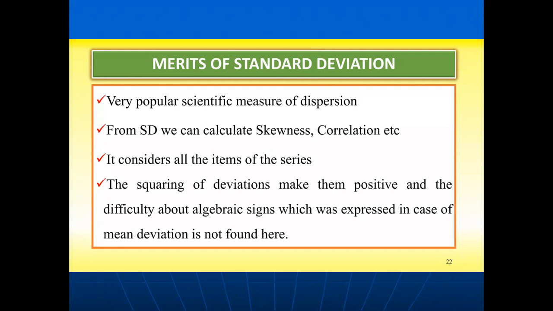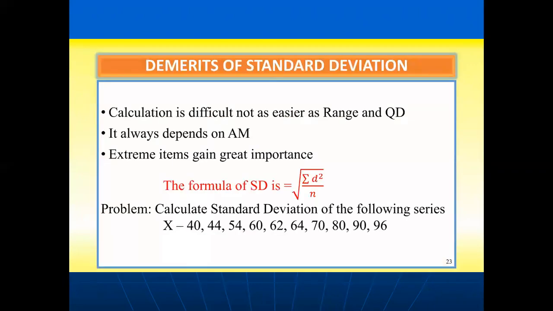The meaning of this is that squaring the deviations to take a positive value is more reliable in algebraic calculations. Whenever you take a deviation as a negative value, it might not be that reliable. So mean deviation may not give as appropriate values for measuring deviation as compared to standard deviation. Demerits: calculation of standard deviation is not as easy as compared to range or quartile deviation.